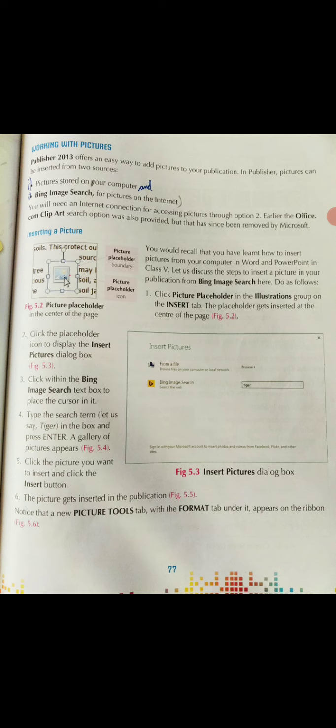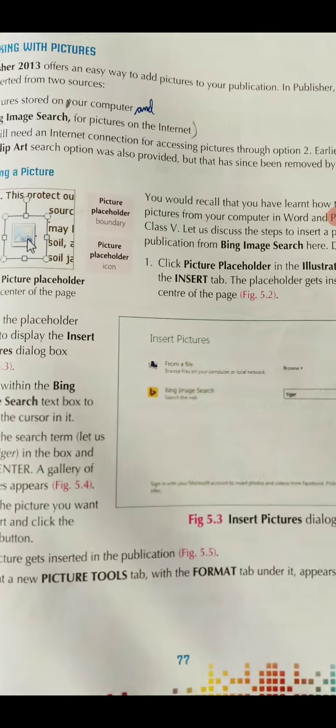When you are clicking in the middle of the picture, or the center of the picture, you will find in the 4 corners of the picture there are some circles. For example, you will get this picture in figure 5.2.